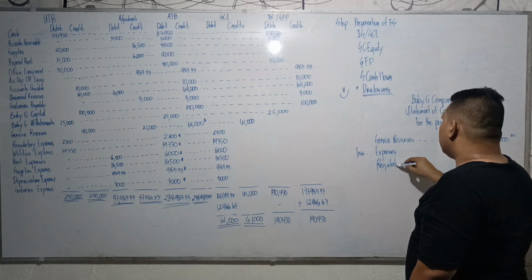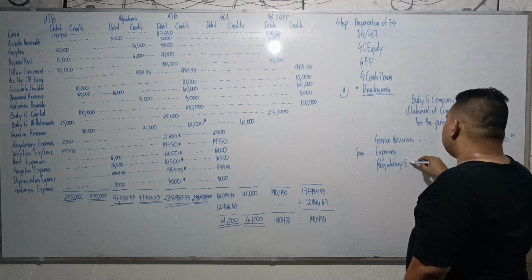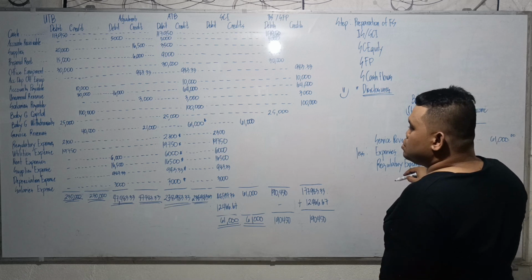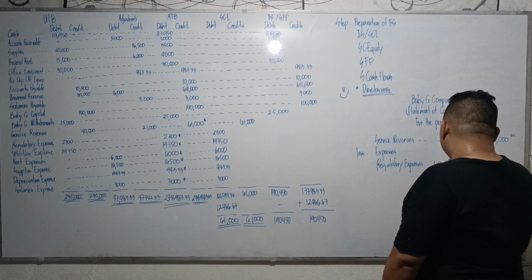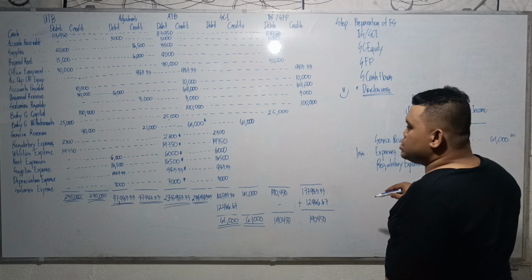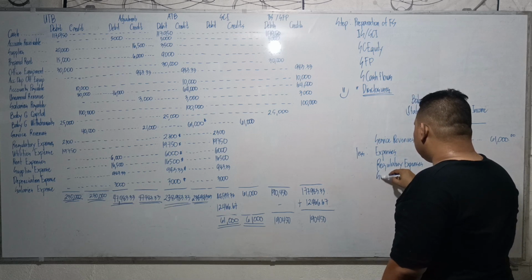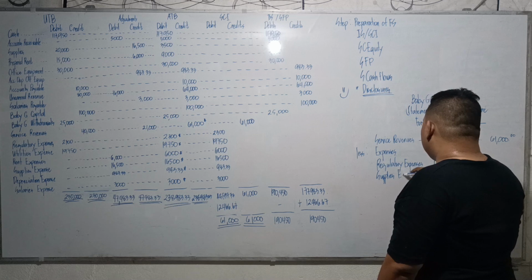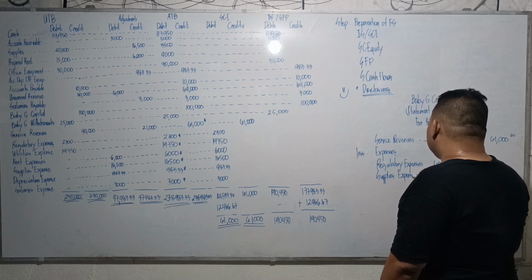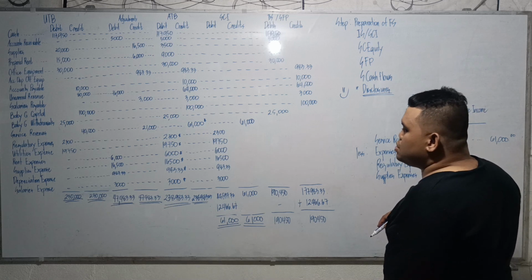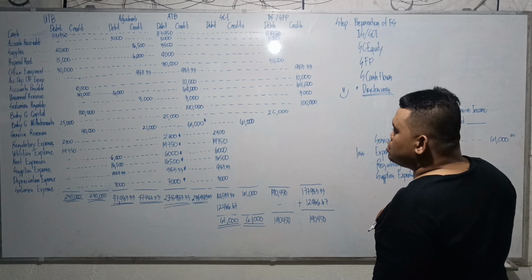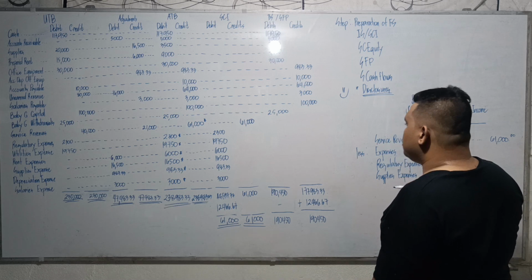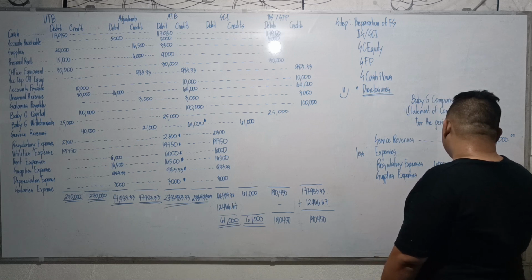So let's start with regulatory expenses, which is 6,000. And of course, we have supplies expenses, 16,500.